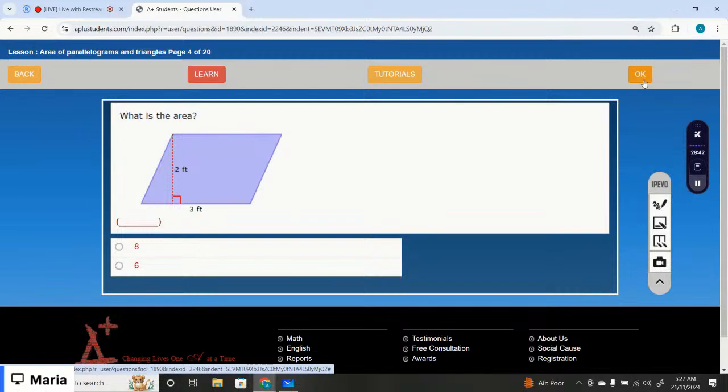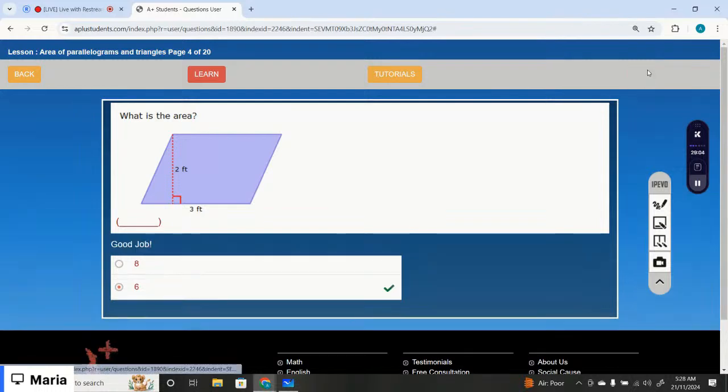That's a parallelogram. So area of the parallelogram is base times height. Very good. That is 2 times 3. The correct option is 6. Option number 2 is the correct option.